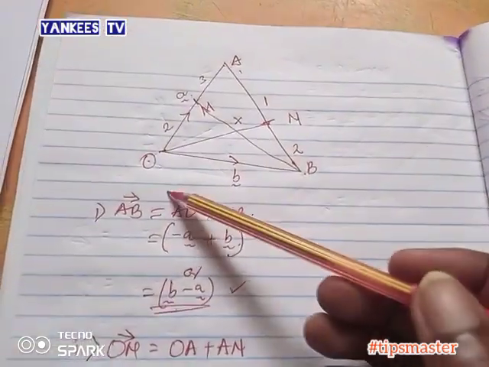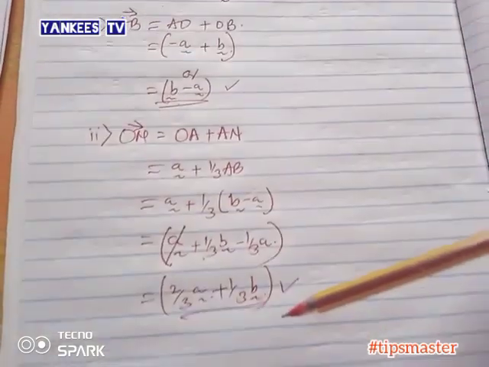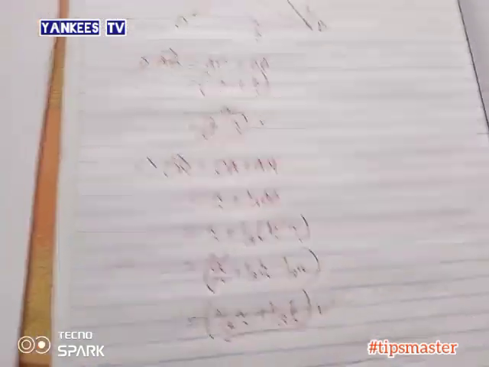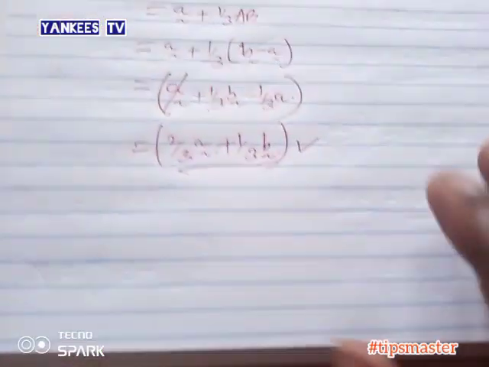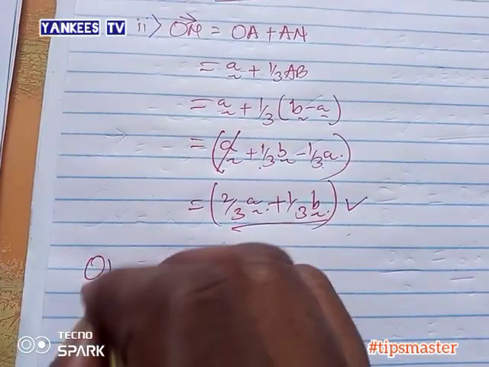For those who will do it going through B, the destination shall be the same. So our Roman 3 is BM. Express BM also in the same way.